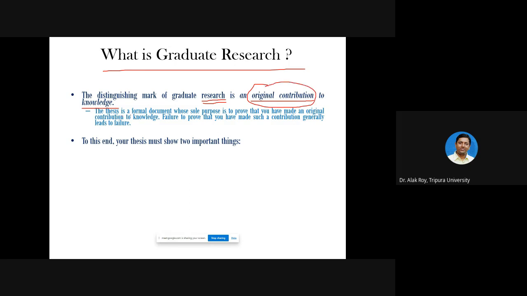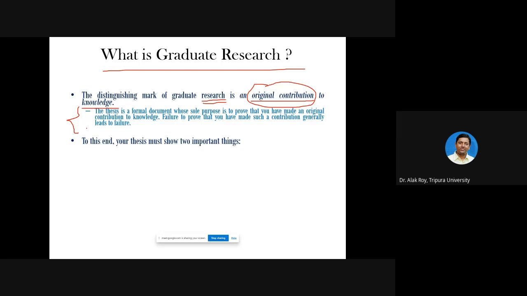The thesis is a formal document whose sole purpose is to prove that you have made an original contribution to knowledge. Failure to prove that you have made such a contribution generally leads to failure. So try to understand this. Whatever thesis you will write, what is its aim?